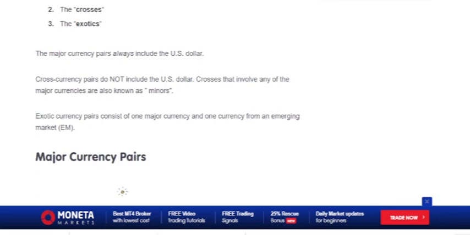Cross-currency pairs do not include the US dollar. Crosses that involve any of the major currencies are also known as minors. Exotic currency pairs consist of one major currency and one currency from an emerging market.